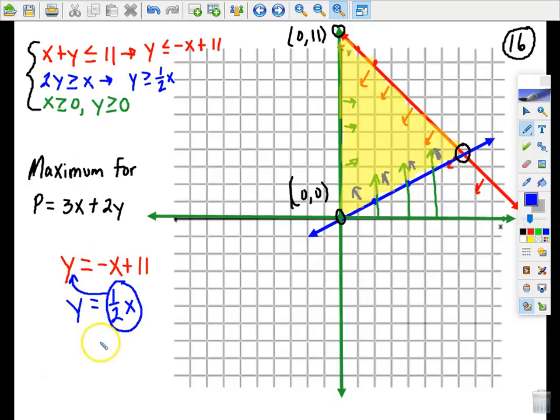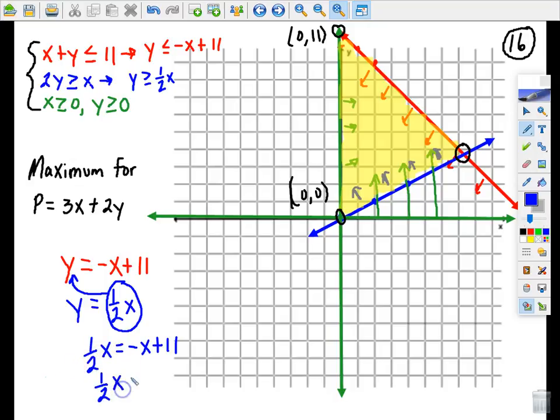So substituting y, I get 1/2 x equals negative x plus 11. Okay, and I'm going to eventually need to add 1 to both sides, but it'd be nice if this were a fraction the same as this with a denominator of 2.